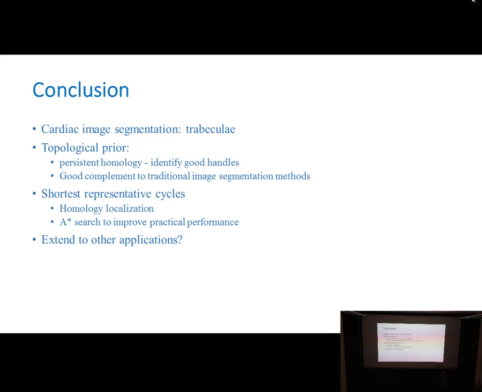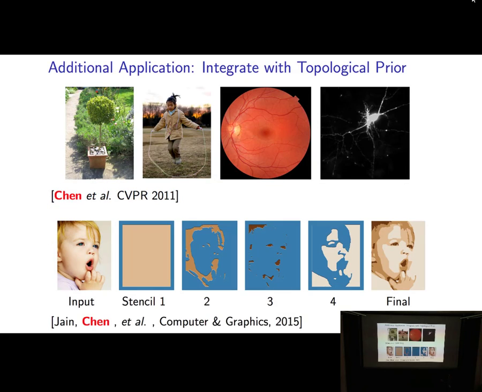In practice, the original algorithm doesn't quite work, so we have to design a certain A-star search algorithm to make it efficient. Right? The question is, can we extend this method to a more general setting, to other applications? The answer is yes. So here are different works we have done.